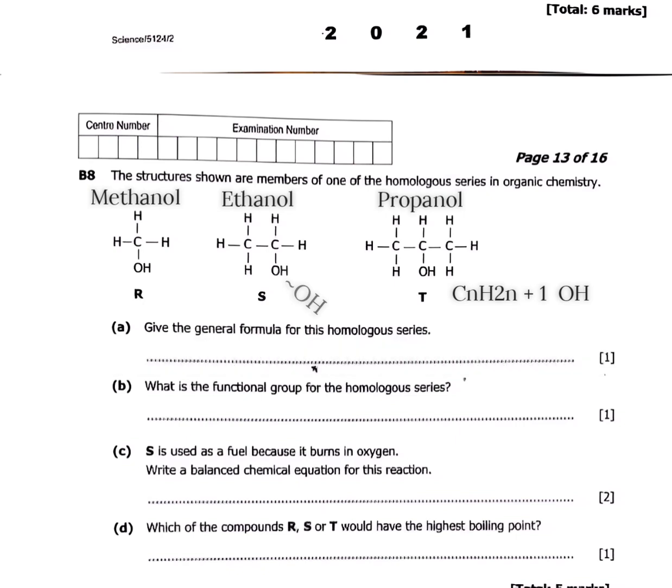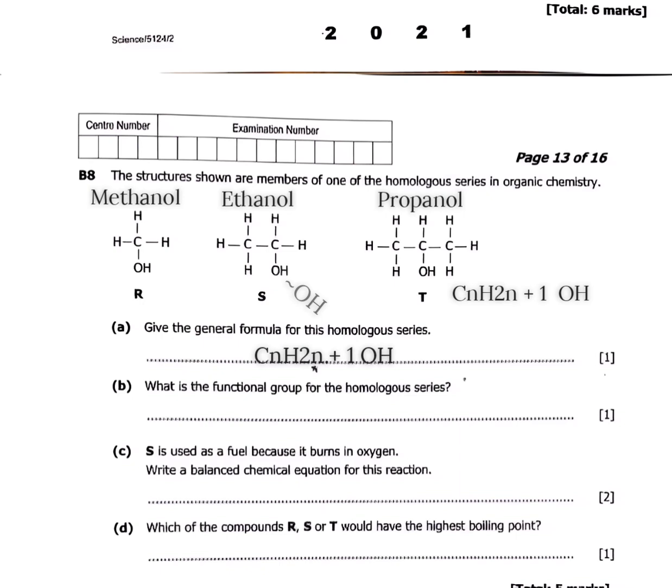The first question, question A, is saying, give the general formula for this homologous series. Like I was saying, it is CnH2n+1, then at the end you put the hydroxide, OH, which is the functional group.